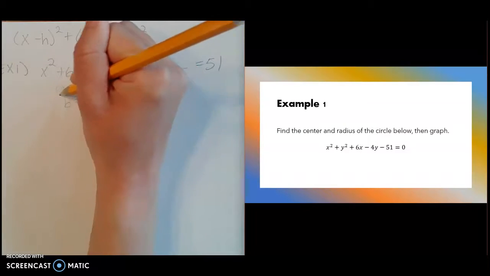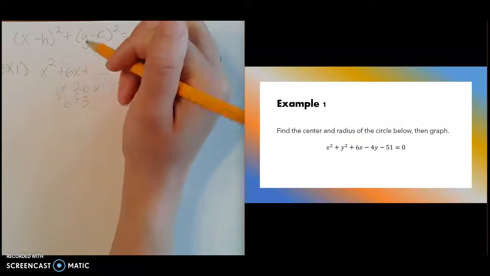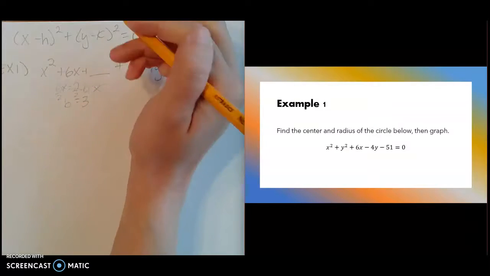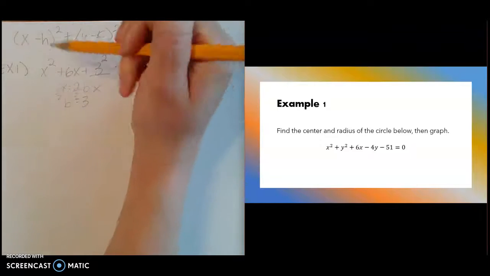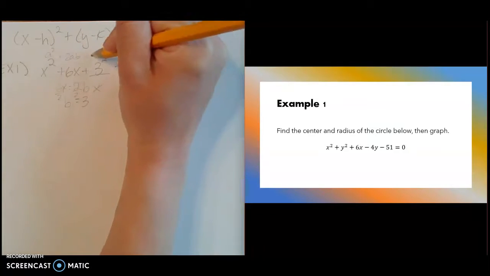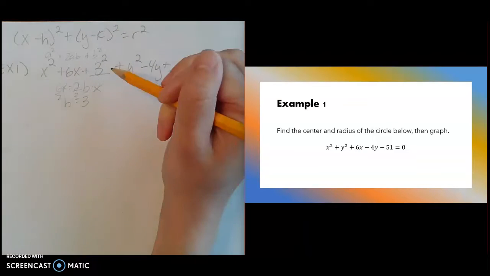I'm just dividing both sides by 2 to get that b because the x's are going to divide out. So my b value is 3, so to complete the square, I'm going to do 3 squared, okay? So this is always a squared plus 2ab plus b squared. That's what that perfect square trinomial format looks like, okay?